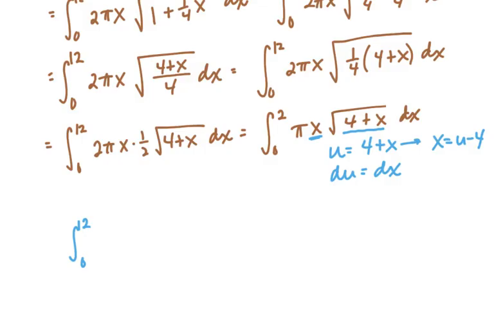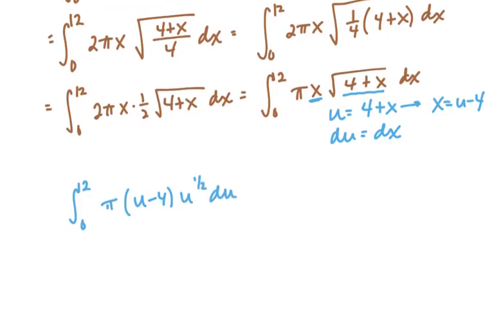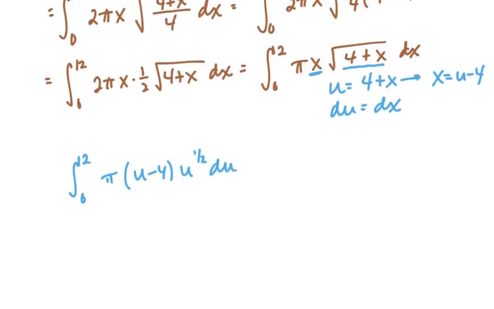I keep losing that 1 on the 12 in my head; it needs to be a 2. So the integral from 0 to 12, and we have pi, and x becomes u minus 4, and then we have u to the 1/2 du. Notice that it's all u's. You can't have partly u's and partly x's.